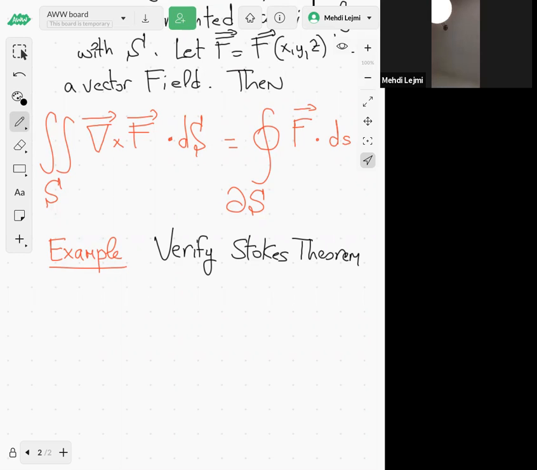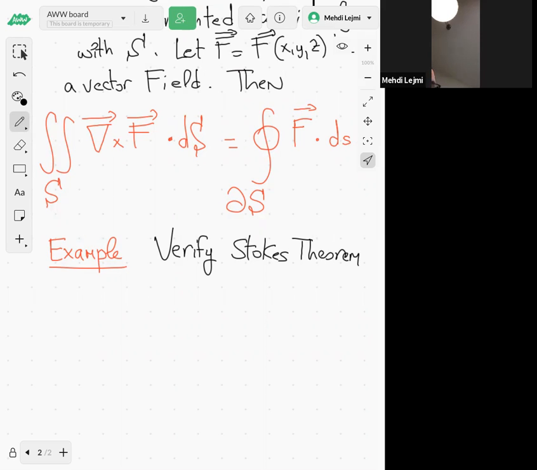So you have to evaluate both sides and compare the answers. Of course they must be equal by the theorem, but that's what I mean by verify. I think probably David, you forgot to. When you verify Green's theorem, you just evaluate one side of the theorem, right? So guys, you have to evaluate both sides of the equation.